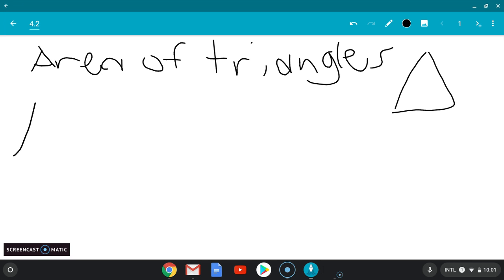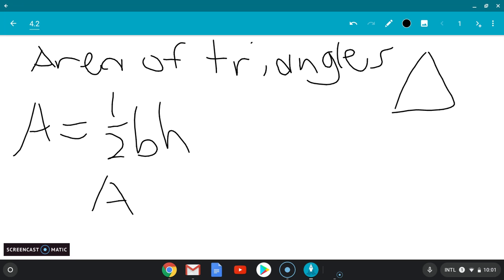But the formula is either written as area equals 1/2 base times height, or it can be written as area equals base times height divided by 2. Both are going to get you to the same answer. Multiplying by 1/2 is the same as dividing by 2. So that's why that works.